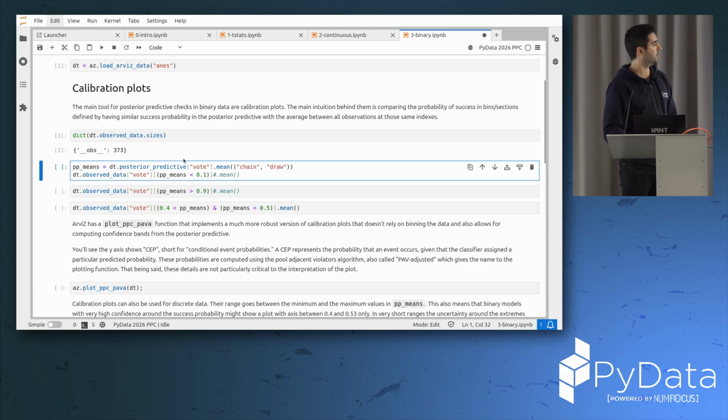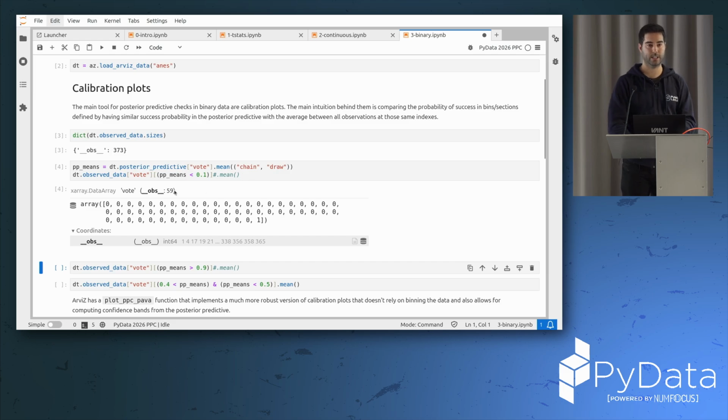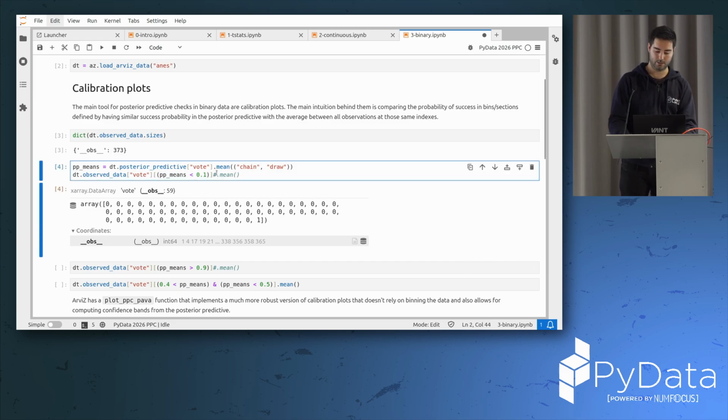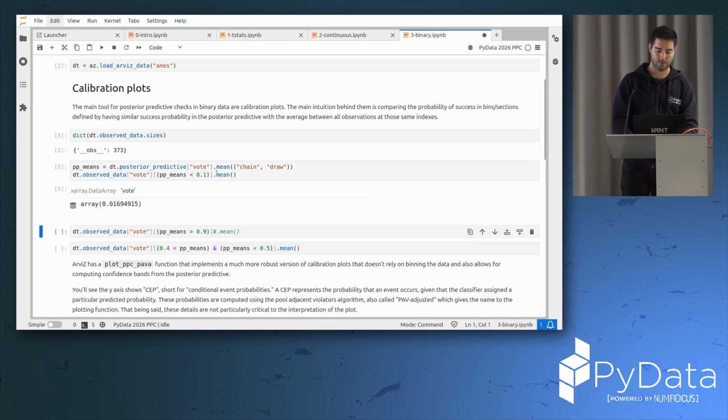and see how they look, and then we check the observations where this posterior predictive mean is under 0.1. We have 373 observations, but when we filter only those where the posterior predictive gives less than 0.1, we end up with only 59, and then we can take the mean of that, which would be 0.01.